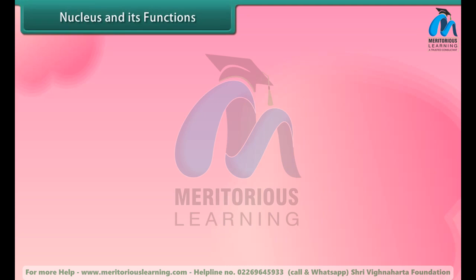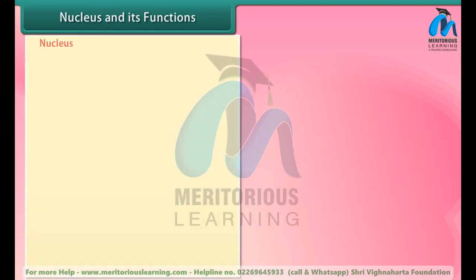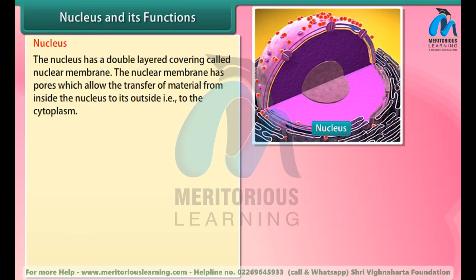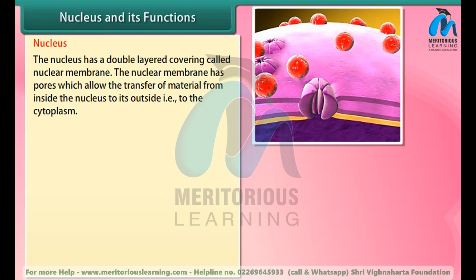Nucleus and its functions. Nucleus. The nucleus has a double-layered covering called nuclear membrane. The nuclear membrane has pores which allow the transfer of material from inside the nucleus to its outside, that is, to the cytoplasm.